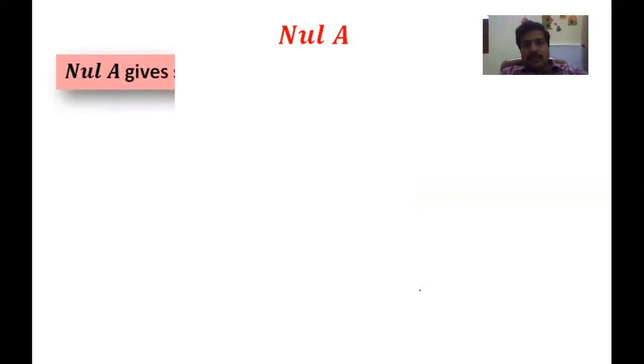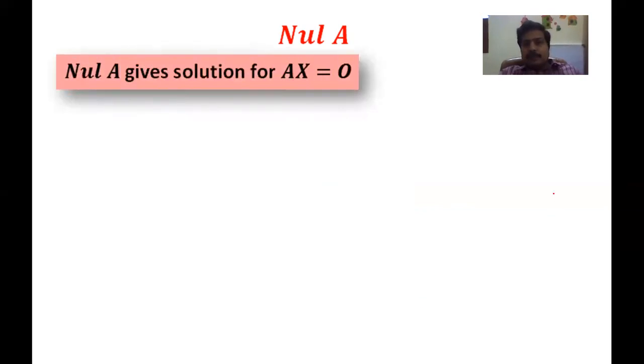So we have seen the definition of null space A here. Null space A gives us solutions to Ax is equal to 0, when the given equation is homogeneous, that is, the RHS is a zero vector, or all zeros in all the equations. Null space A gives us solutions for such equations.